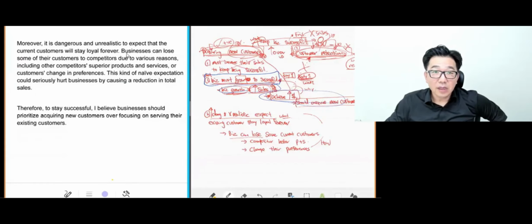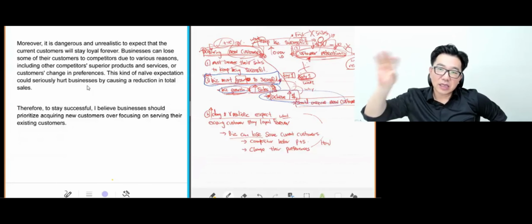So this is unrealistic and dangerous because you could lose your customers to other competitors for various reasons, including. Therefore, this kind of naive expectation could seriously hurt businesses. So you should not just adopt keeping your existing customer strategy.